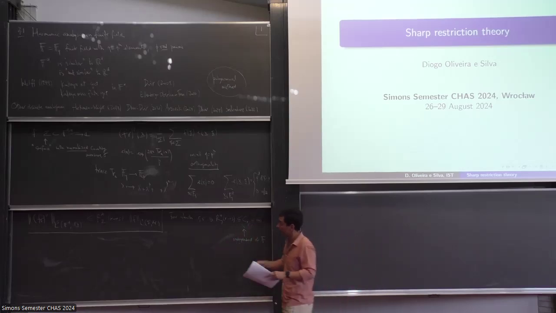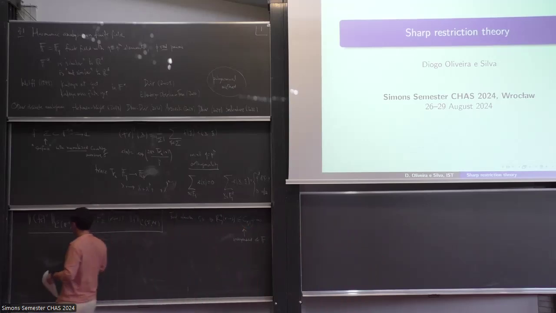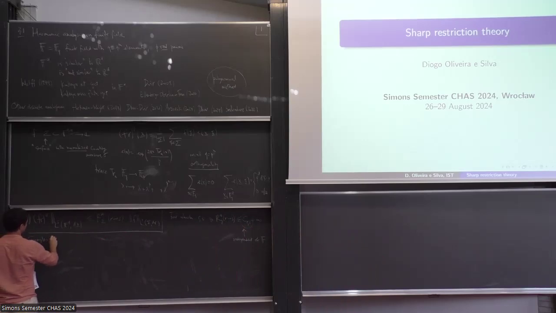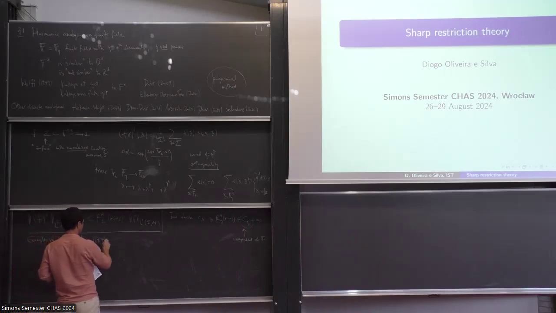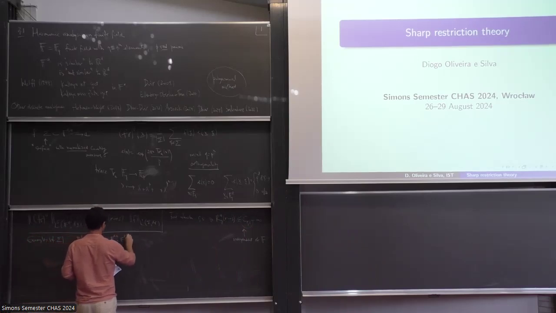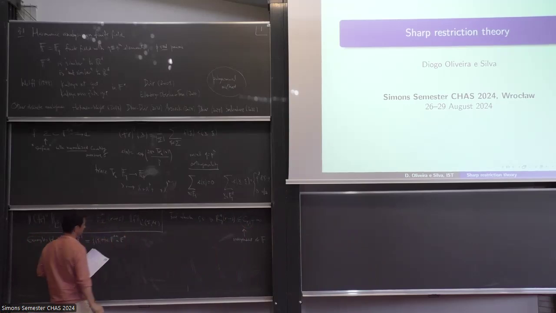Okay, so what are examples of interesting surfaces which have been considered in the literature? So examples of sigma. There's a parabola. It's just a set of points (c, tau), c is a vector in F star, tau is a scalar in F star.